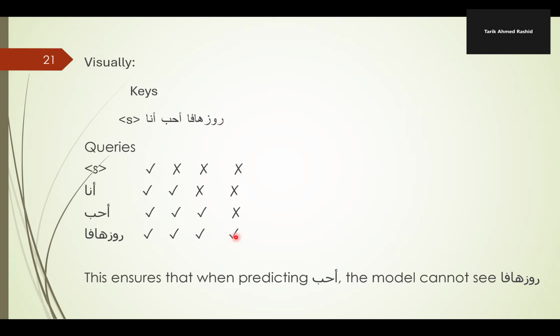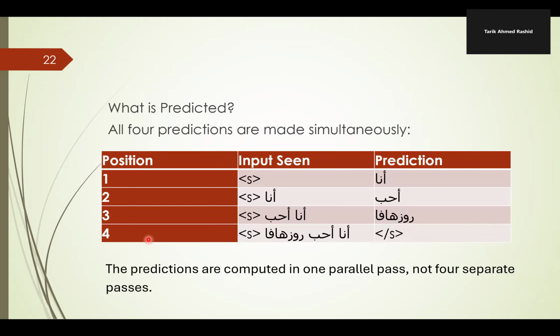So Rojava can see Ahab, Ana, and the start token. Now, what is predicted? All four predictions are made simultaneously. S predicts Ana, Ana predicts Ahab, and that's how it works.